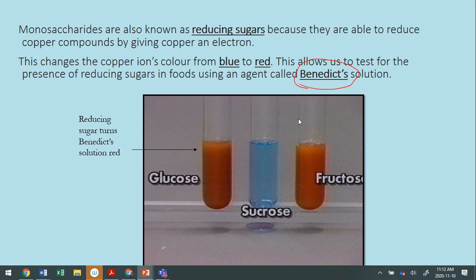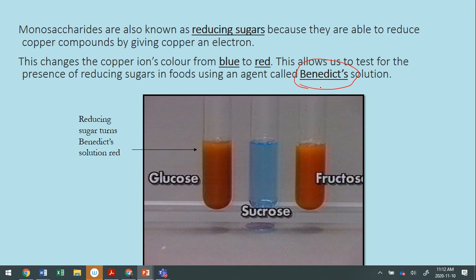Now, do you need to know about Benedict's test for your exam next Wednesday? Yes, you do. Do you have to know what a positive test for Benedict's is? Yes, you do. Do you have to know what a negative test is? Yes, you do.